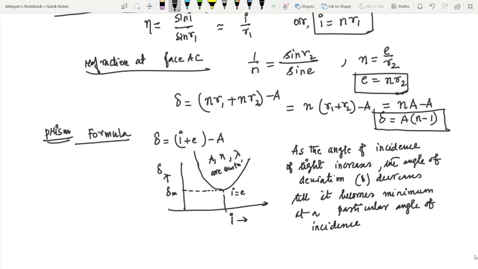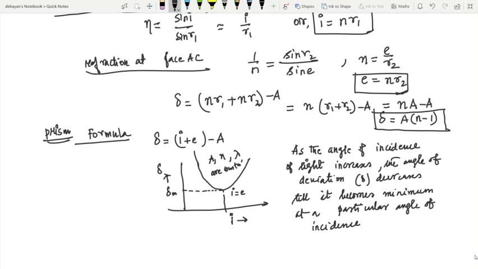The minimum value of the angle of deviation is called the angle of minimum deviation, and it is denoted by delta m.